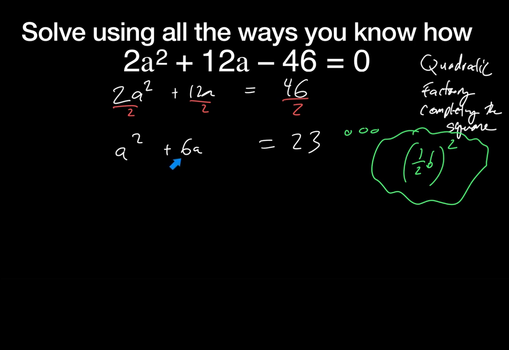So here my b term is 6. So I'm going to take half of 6 and square it, add it to that side. On the right-hand side, I'm going to take half of 6, half times 6, and square it.